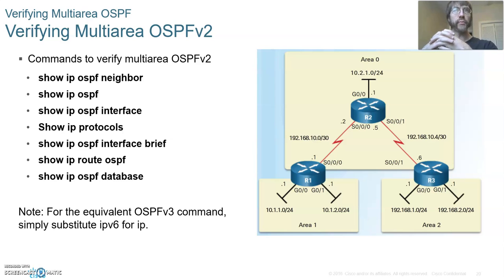The thing to remember when you're using all of these verification commands is that they are most useful if you have a clear and reasonable expectation of what you ought to see. Because if you just pull up the show commands and you don't really know what you're looking for, the problem may just jump up and say, "Hey, here I am, solve me."